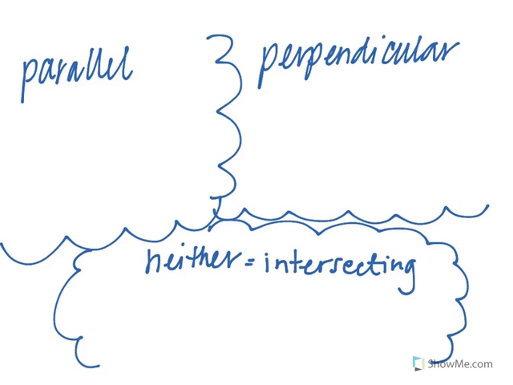Another topic that we learned about this quarter was parallel, perpendicular, and lines that are neither. So we studied equations like the equation y equals, let's say, 5x plus 5.